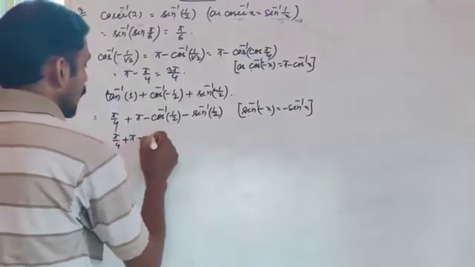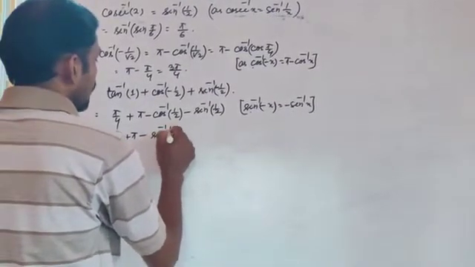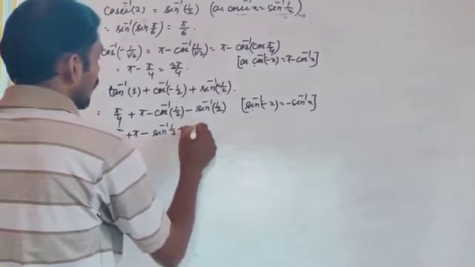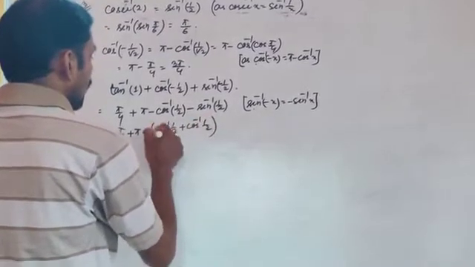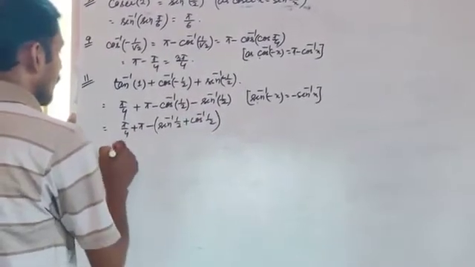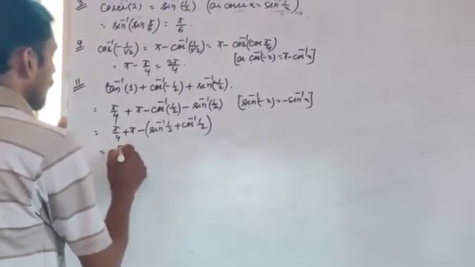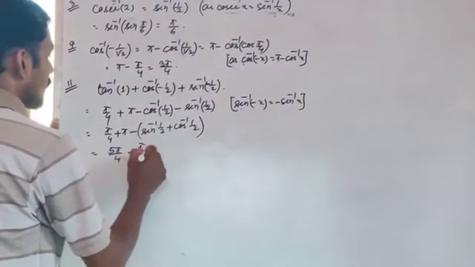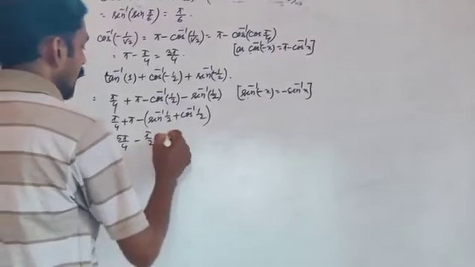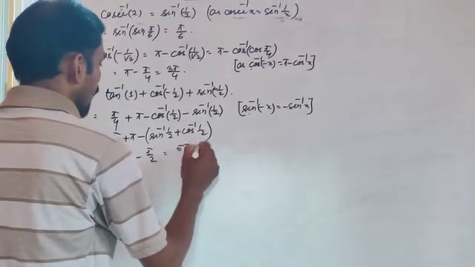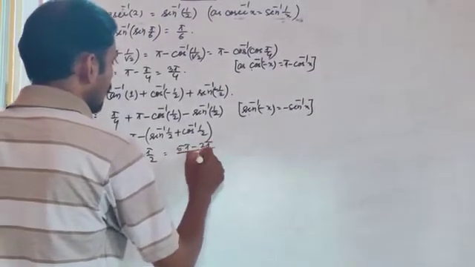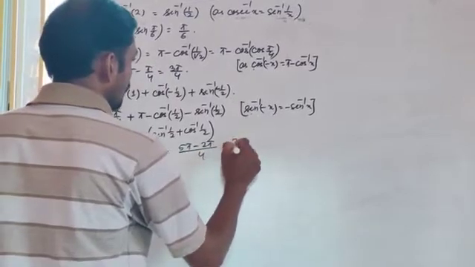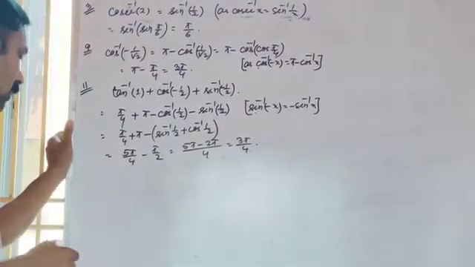Now if we take minus common, it will become sin inverse 1 by 2 plus cos inverse 1 by 2. This is 5 pi by 4 minus pi by 2. So it is 5 pi minus 2 pi by 4. So again it is 3 pi by 4.